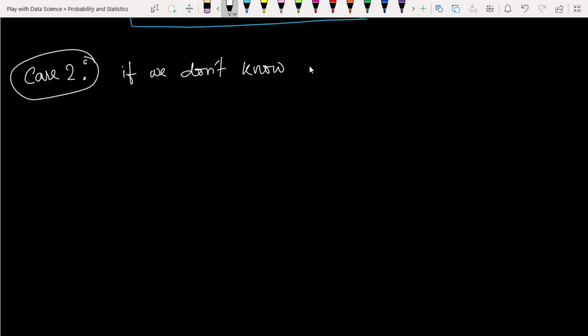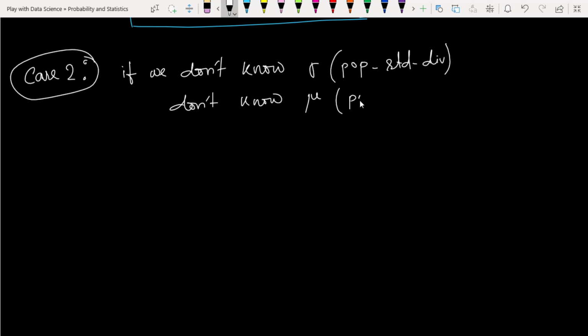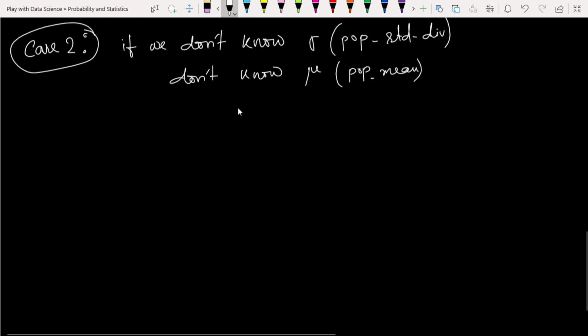If we don't know the population standard deviation, and we don't know anything about the population mean, we don't know either of these two parameters.